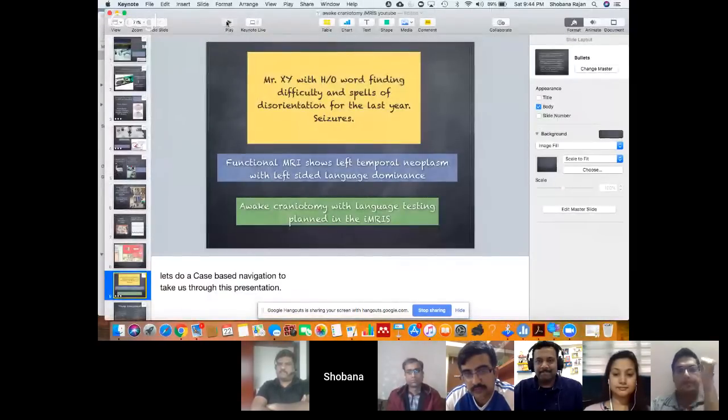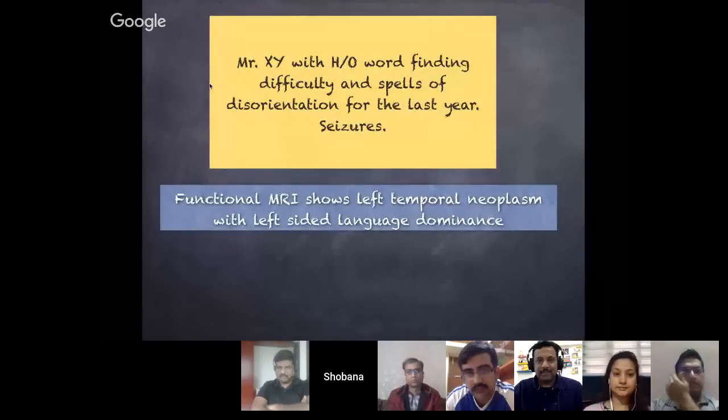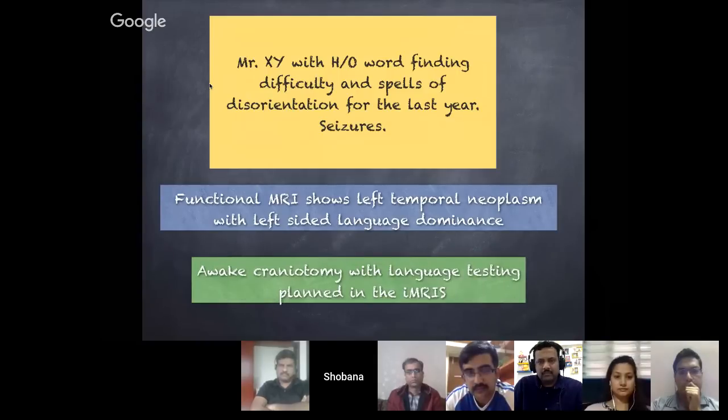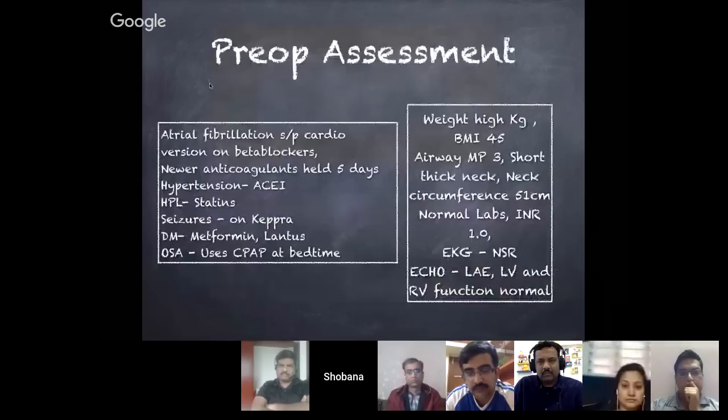Yeah. So it's a more difficult case than regular. This is Mr. XY. He had a history of word finding difficulty, spells of disorientation and seizures, and his functional MRI showed a left temporal neoplasm with left-sided language dominance, and therefore awake craniotomy with language testing was planned.